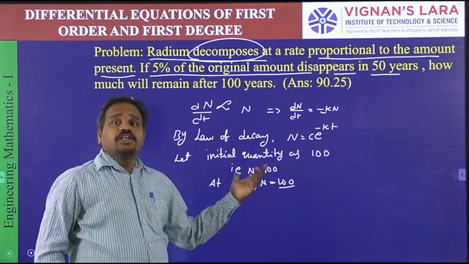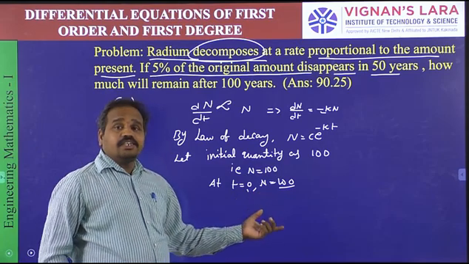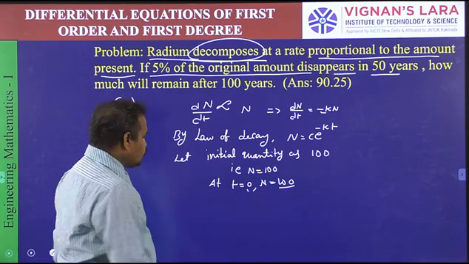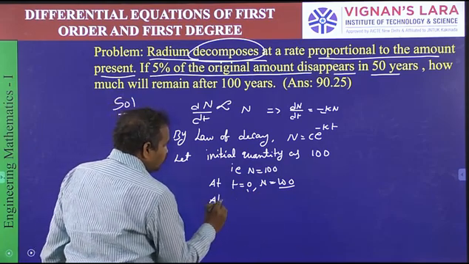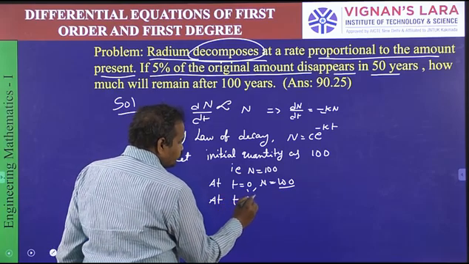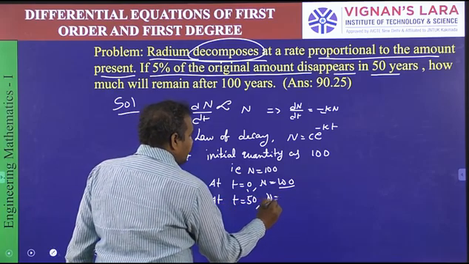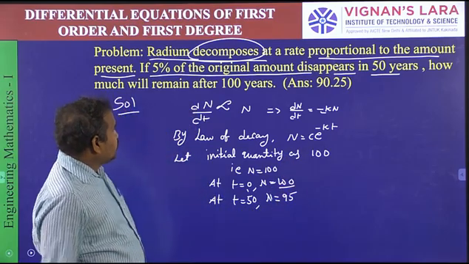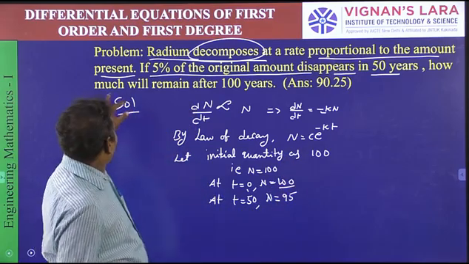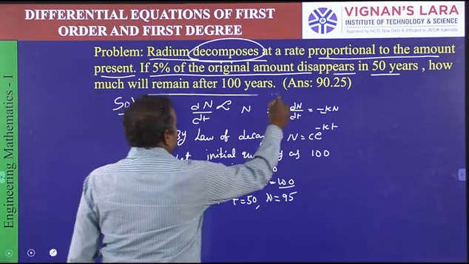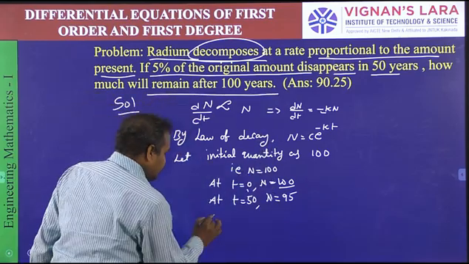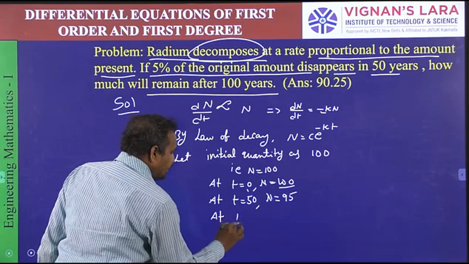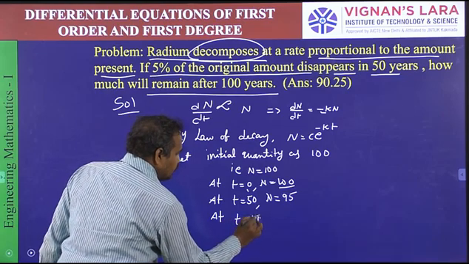What is remaining? 95. We always take the amount present. So at t is equal to 50 years, N value is 95. Now what is our question? How much will remain after 100 years? That means we have to calculate at t is equal to 100.